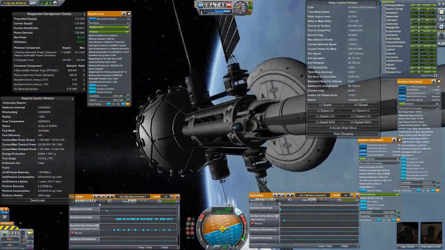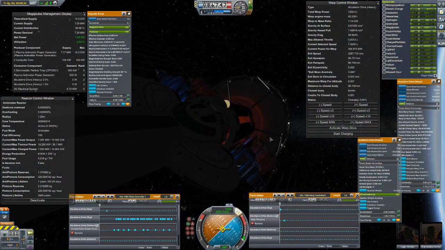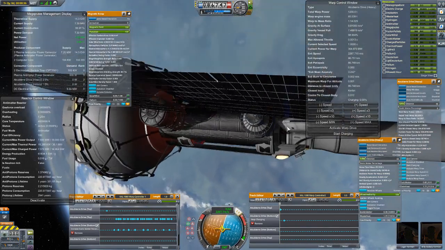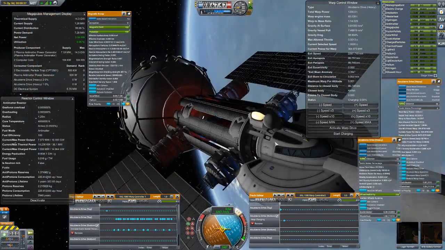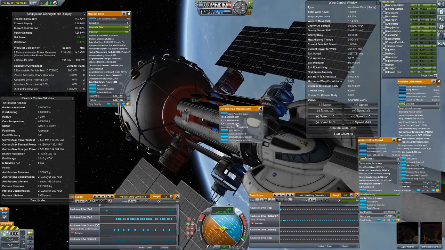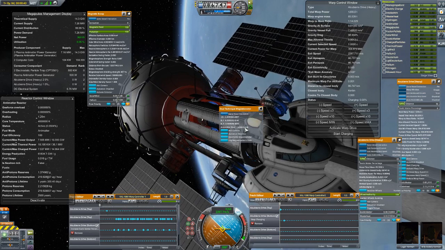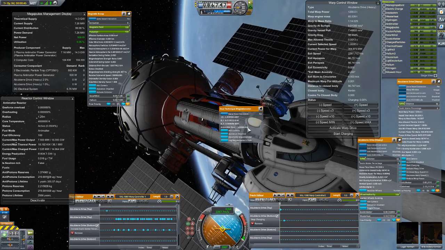Now I do have a dual technique magnetometer on here. Let's go ahead and whip that out so that we can compare some readings really quick before we start. Okay, our flux is 1.12 times e to the negative 6. It's pretty low.